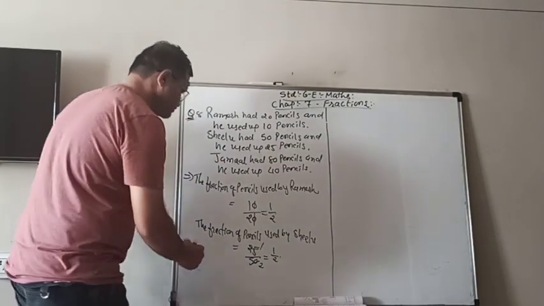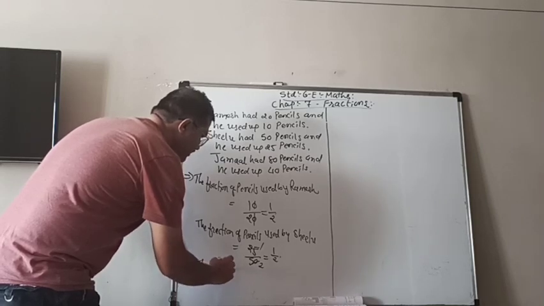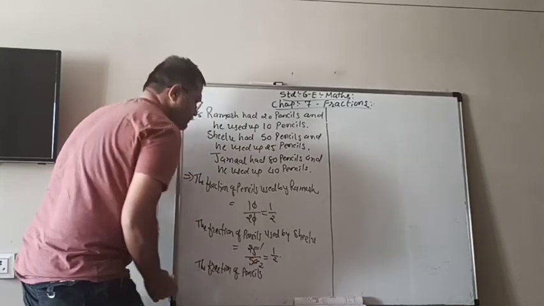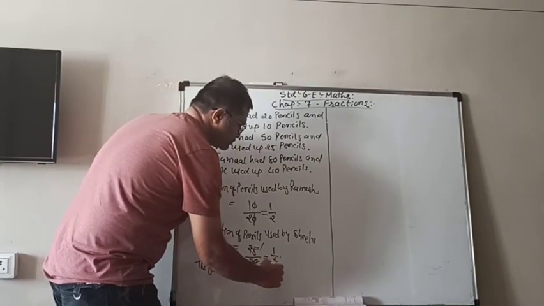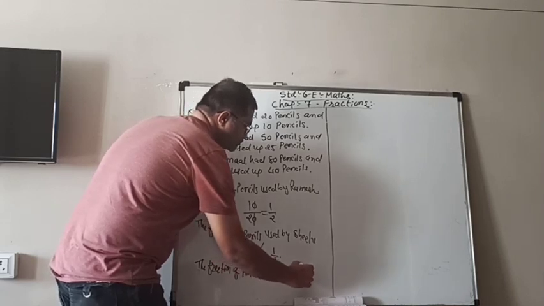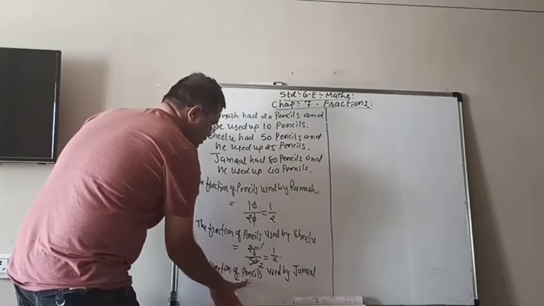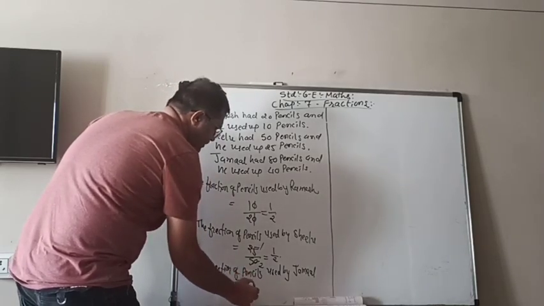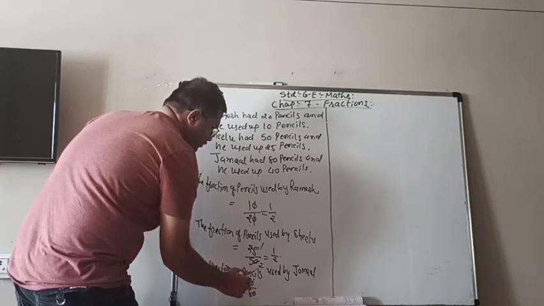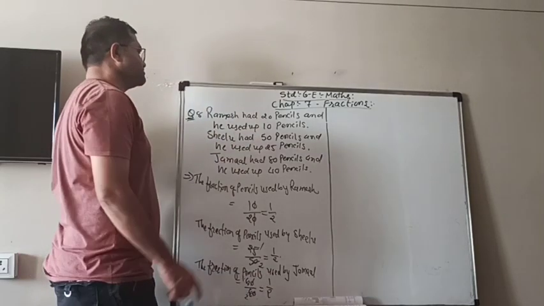And then Jamal, the fraction of pencils used by Jamal is equal to, he had 80 pencils and he used up 40 pencils. So 4 ones are 4, 4 twos are 8. So all fractions are same.